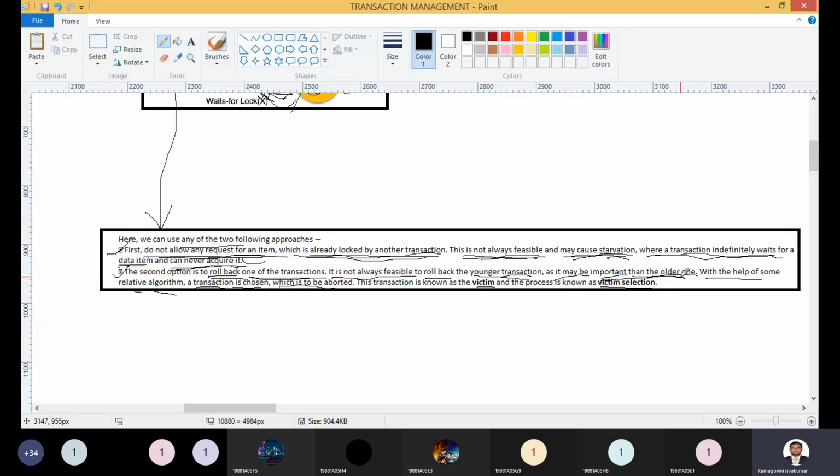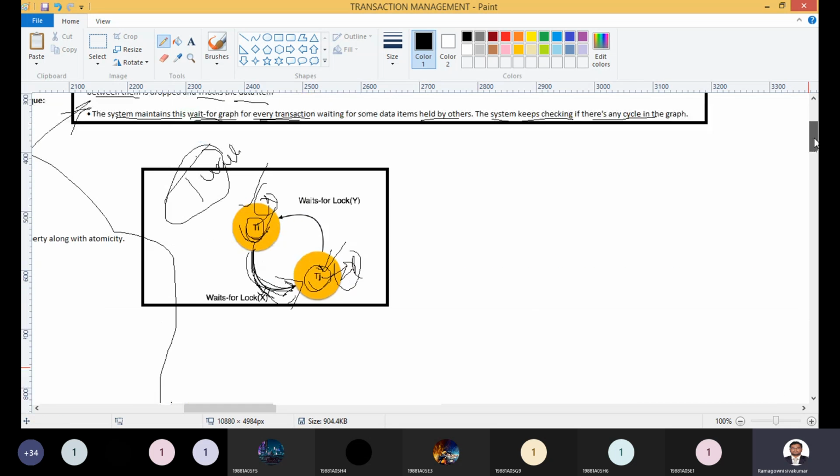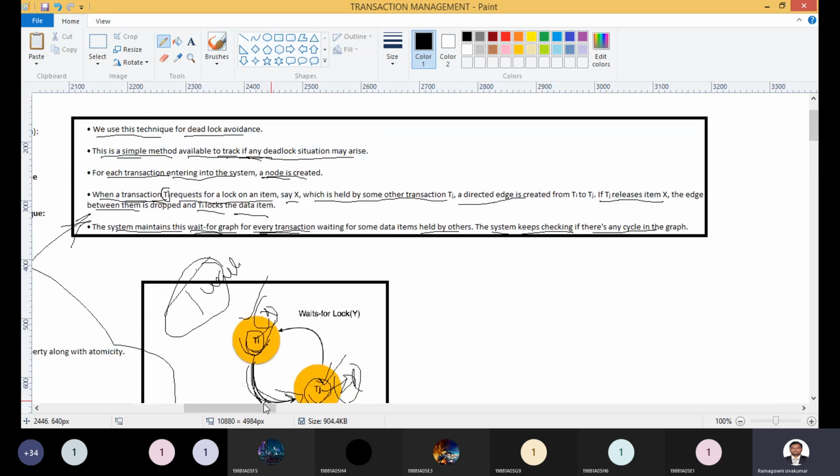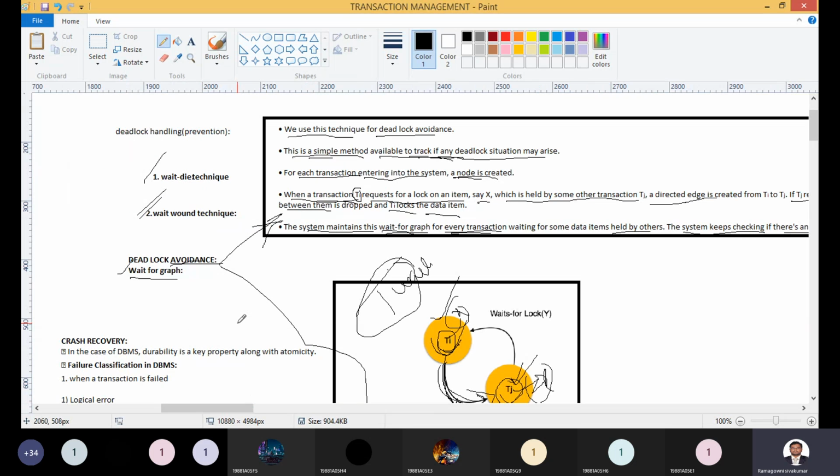So with the help of some algorithm, a transaction is chosen which is to be aborted. This transaction is known as the victim, or this process is known as victim selection. Those are the two approaches we have in the wait-for graph method. In this way we can avoid the deadlock. That's about the deadlock concept.